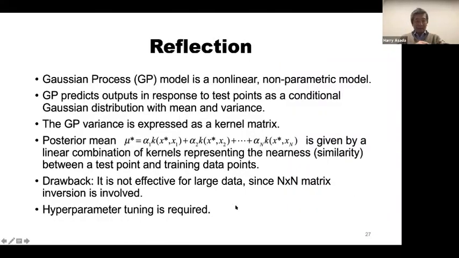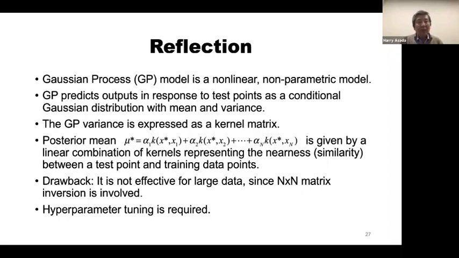So I'd like to conclude that the Gaussian process model is a nonlinear, non-parametric, and probabilistic model. The GP predicts output in response to test points as a conditional Gaussian distribution with mean and variance.